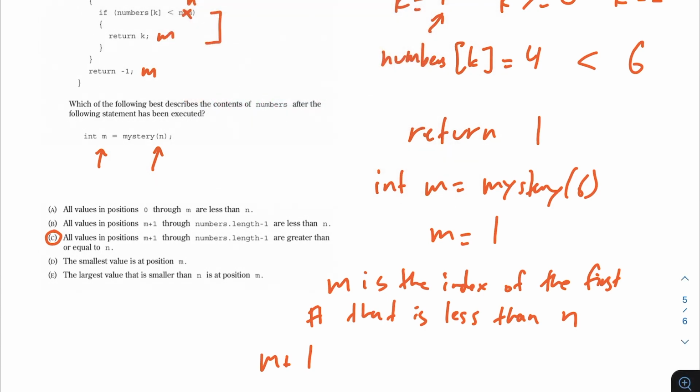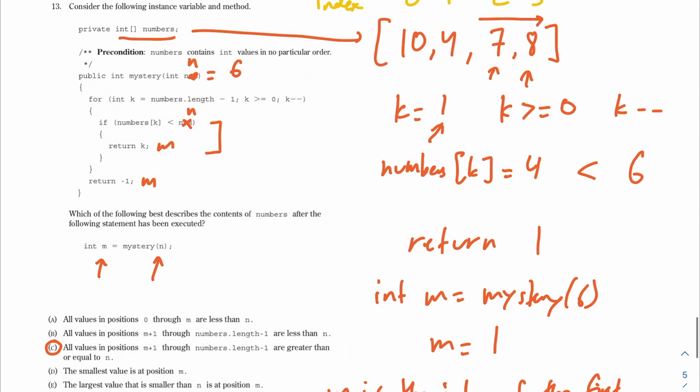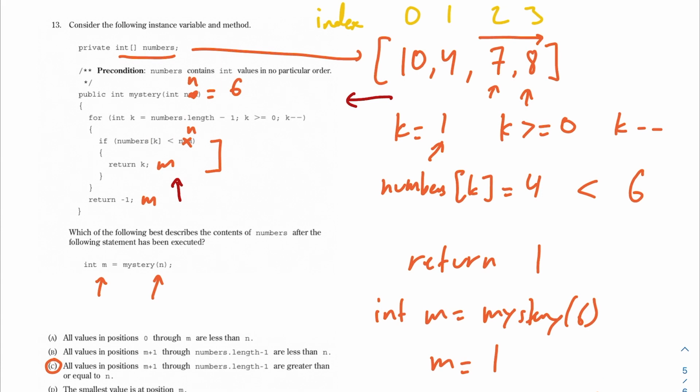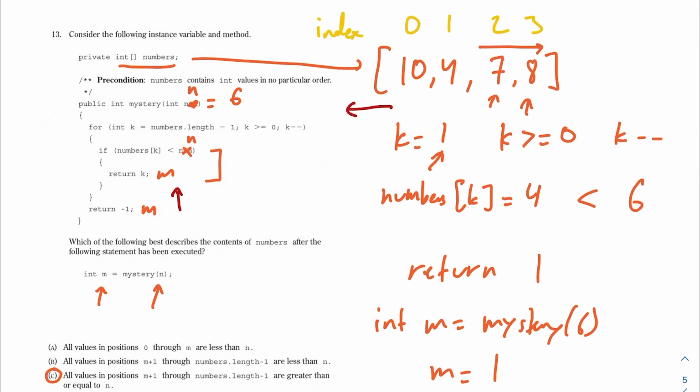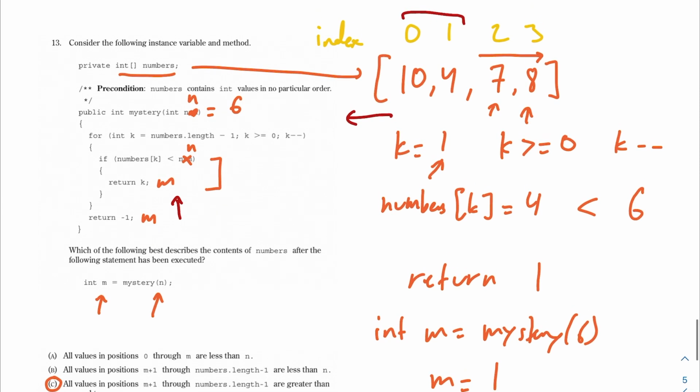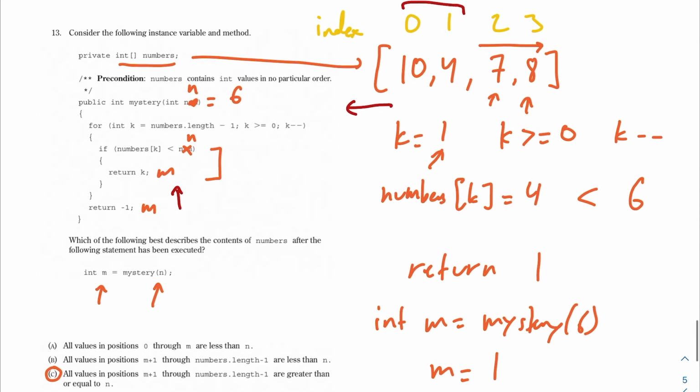All values in positions 0 through m are less than n. Since we are returning the very first instance of a number that's less than n, we don't actually know what is before that index. If you looked at our array, you would see that that's incorrect because the values from 0 through m would have been 10 and 4, and obviously 10 is not less than n, so that wouldn't have worked.